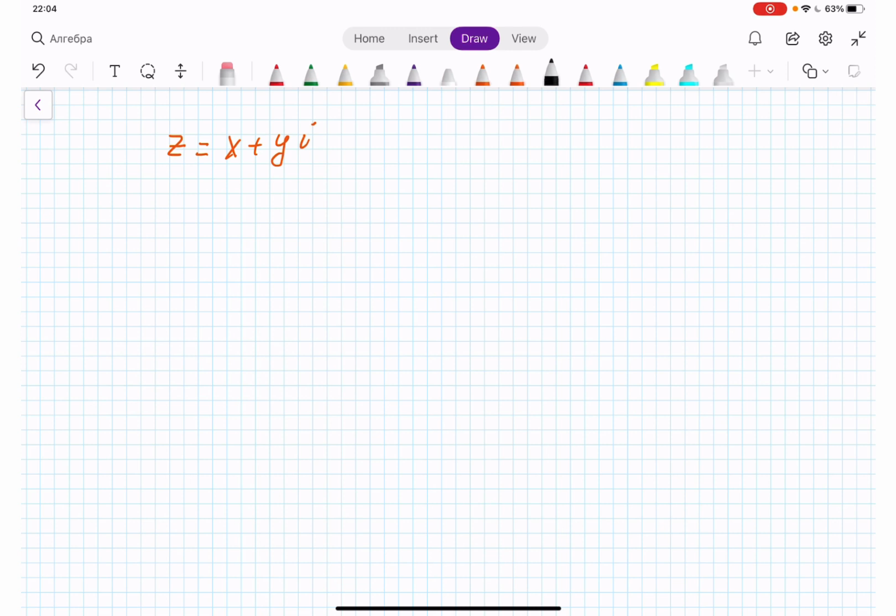So if we draw it, I can draw it in the complex plane, where x is the real part axis and y is our imaginary portion.